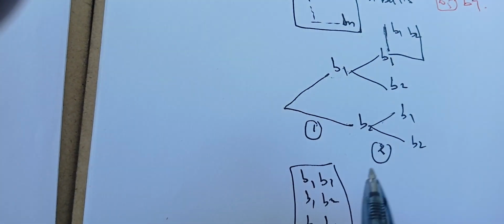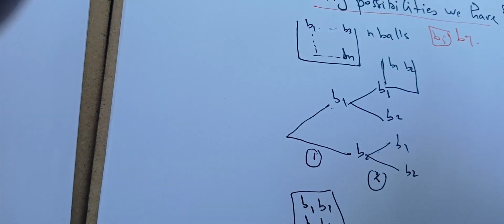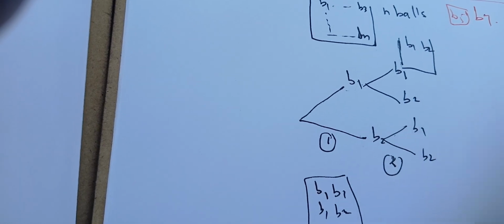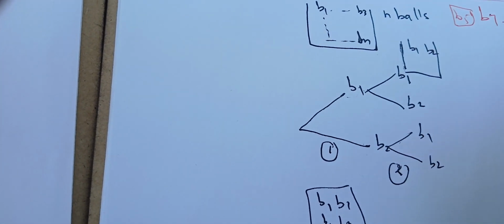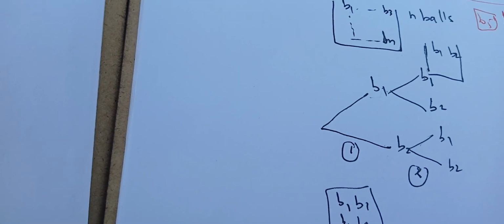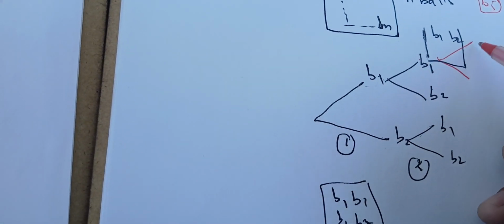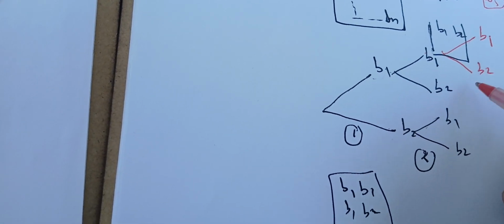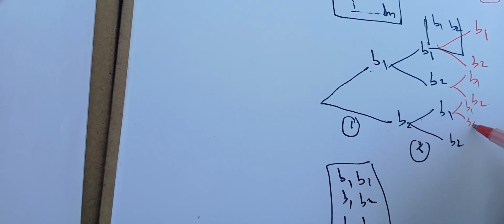So let's assume that we do this process 3 times. After we did the second process, we do it again. We put back the ball we have drawn and we start the process again. So this is the third time. Here we're going to get B1 or B2, B1 or B2, B1 or B2.